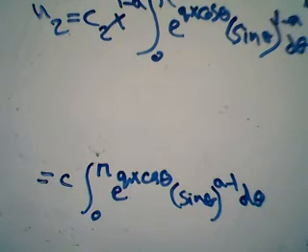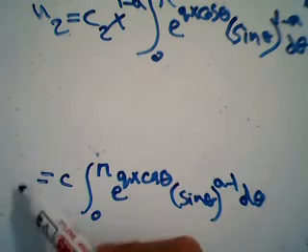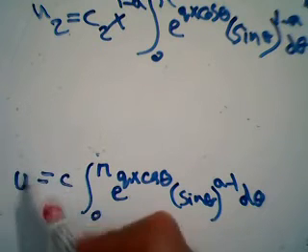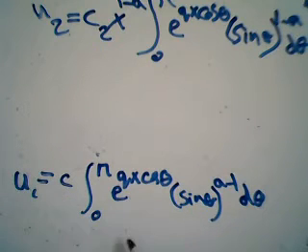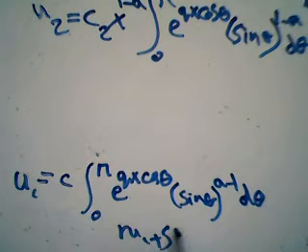Then the general solution, this is u1, would be r u1 plus s u2, and r and s are just arbitrary constants.